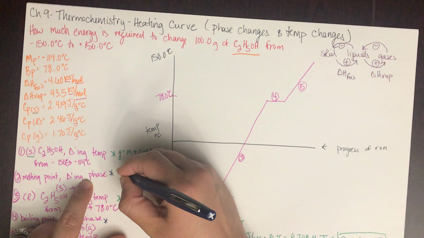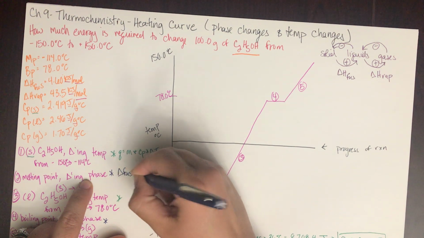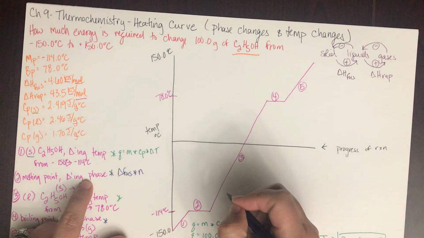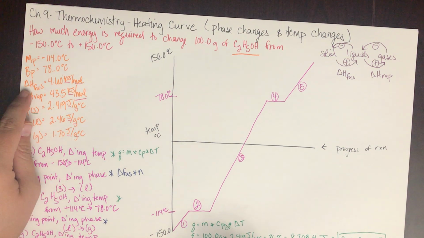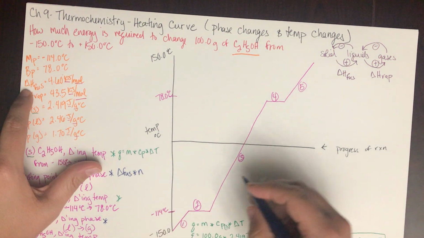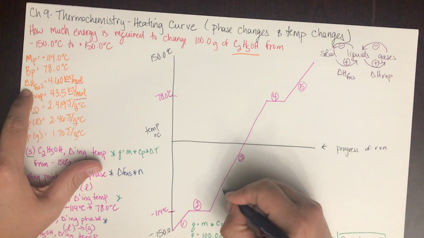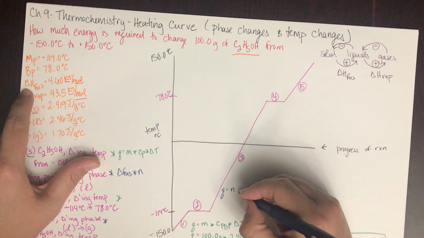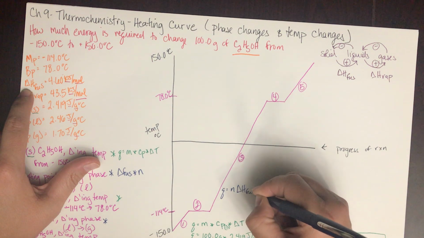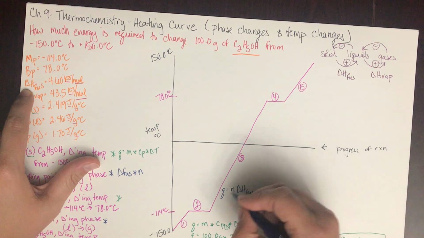I'm going to use the heat of fusion times the number of moles, because the heat of fusion is kilojoules per mole. If I multiply by the number of moles, then I will get the heat. Actually, the formula that's in your book is going to say Q equals n times the heat of fusion, delta H fus. So that's how I'll write it here.